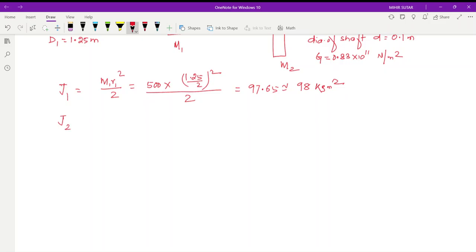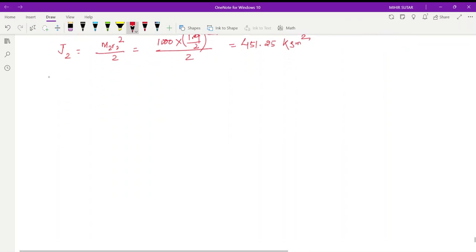Then further J2 will be M2 R2 square divided by 2. So we'll have 1000 into 1.9 by 2 square by 2. So this will be 451.25 kg meter square.